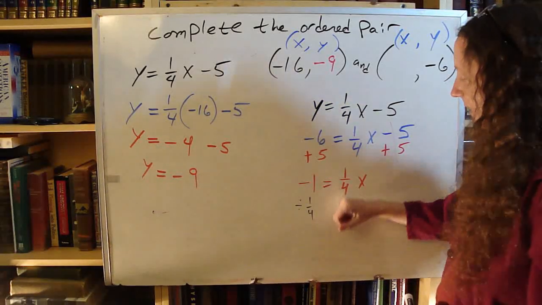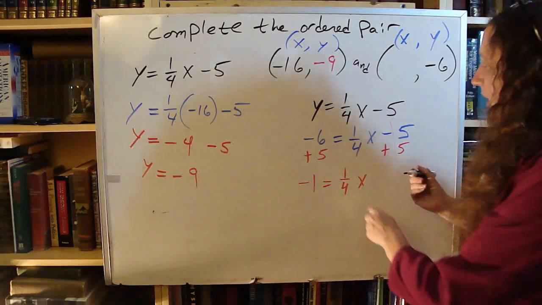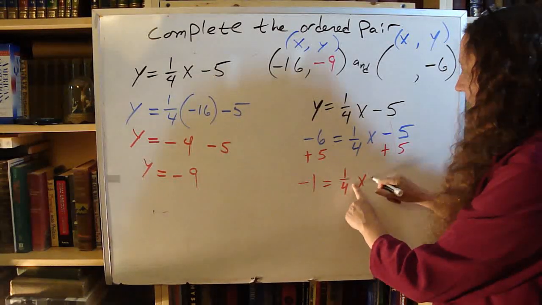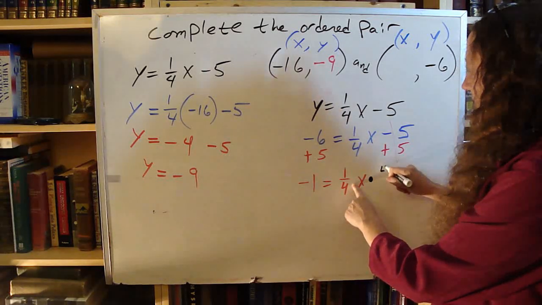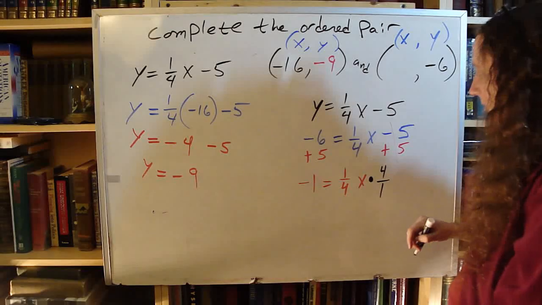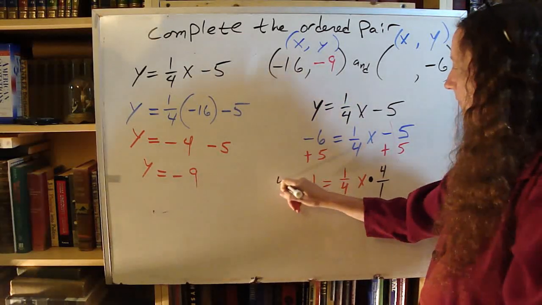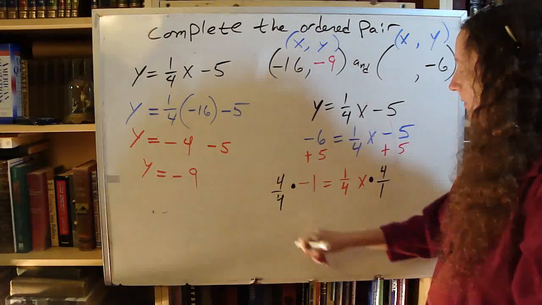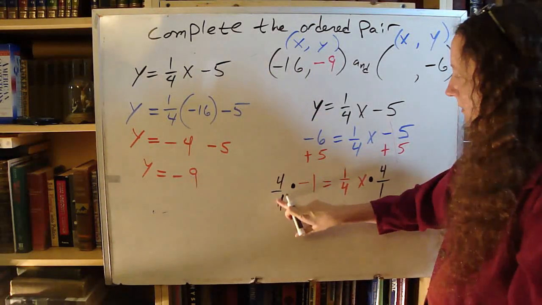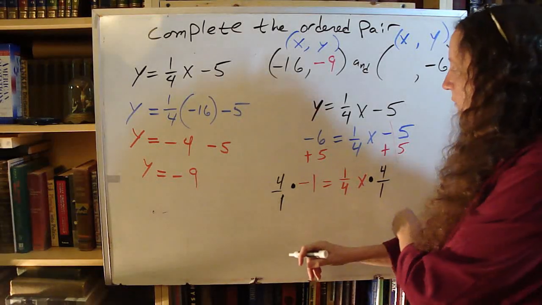I'm doing it by hand. So I get rid of that. I'm going to multiply by the reciprocal. So I flip the fraction upside down. What I do on one side, I do on the other. 4/1. Despite what my hand is trying to tell you, it's actually 4/1.